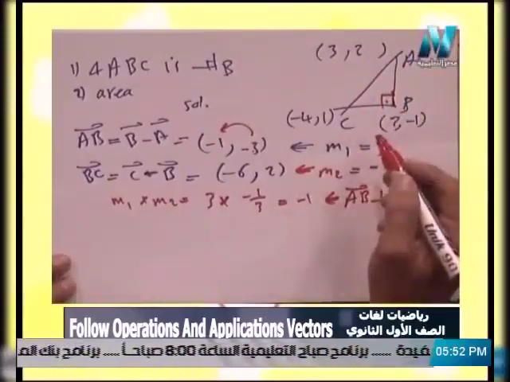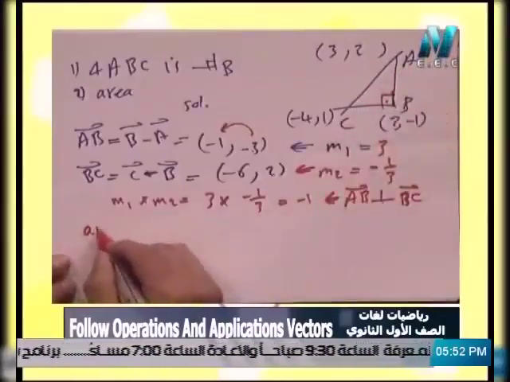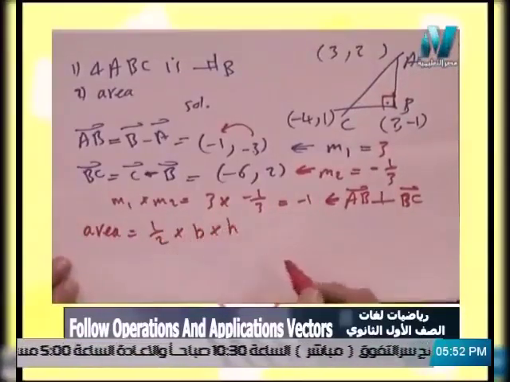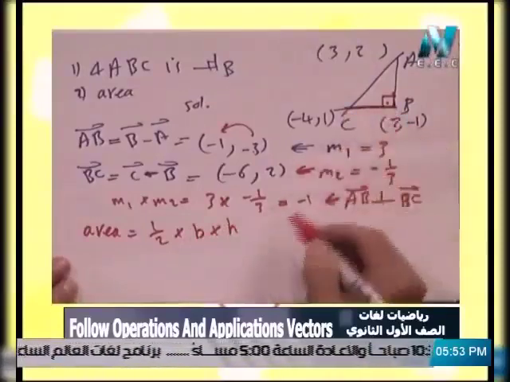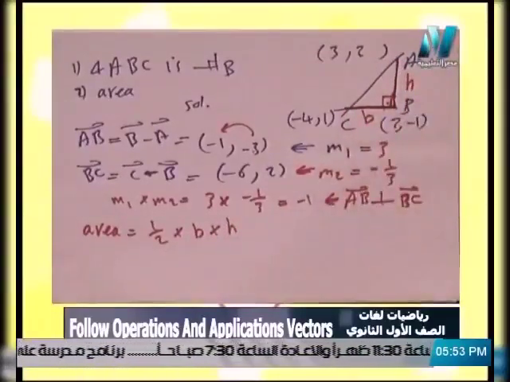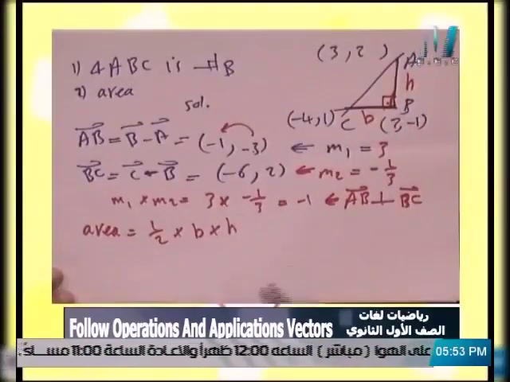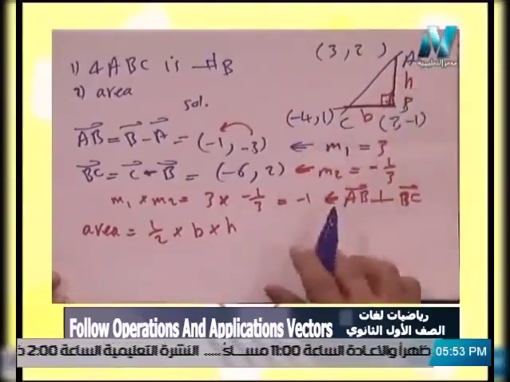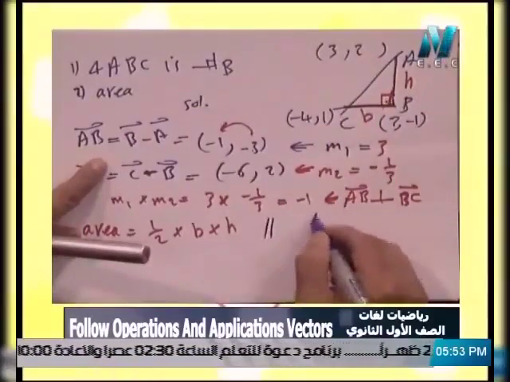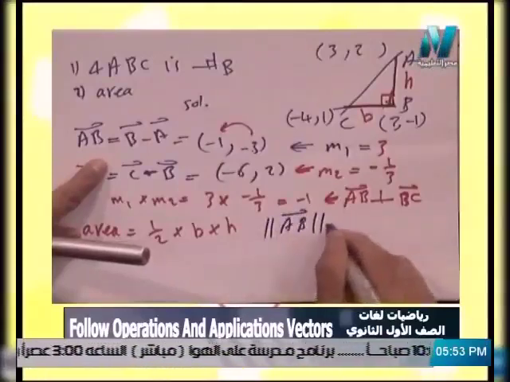You know that the area of the triangle equals half base times height. Which is base? The base is BC and the height is AB. We must calculate the magnitude of BC and BA. To find the length of the vector AB, we have to find the norm of AB.